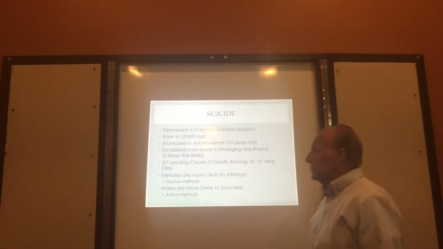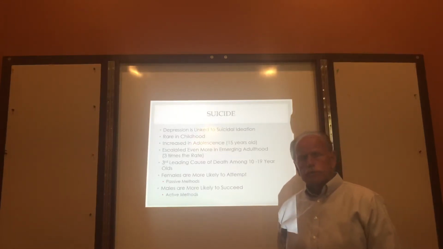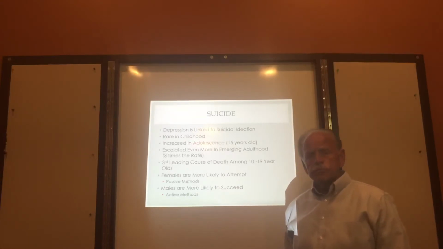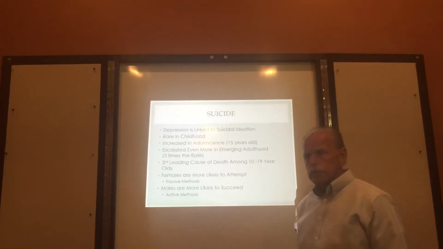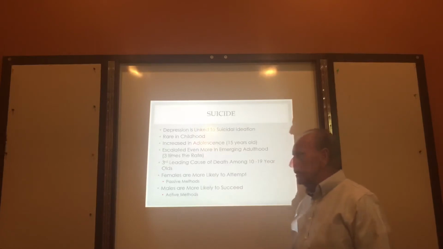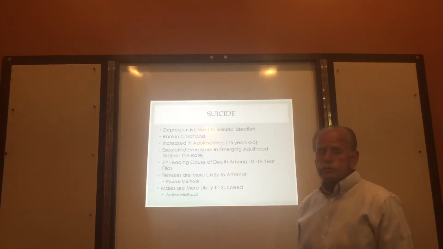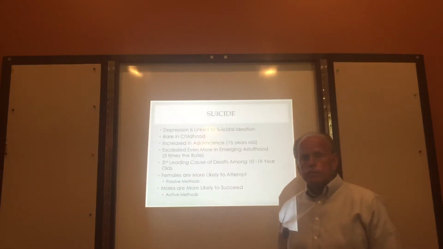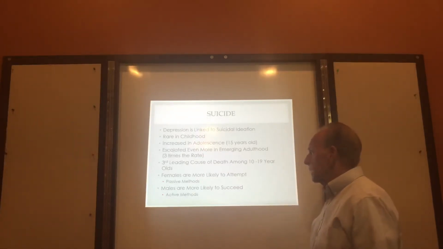Now, it's very rare in childhood, but beginning around age 15, you're going to see an increase in the likelihood. And by emerging adults, the 19 to 22-year-olds, that group of young people, it's going to triple. So just by that age category or developmental stage, it jumps quite a bit. It's the 3rd leading cause of death among young people, with accidental death being 1, homicide being 2, suicide being 3.